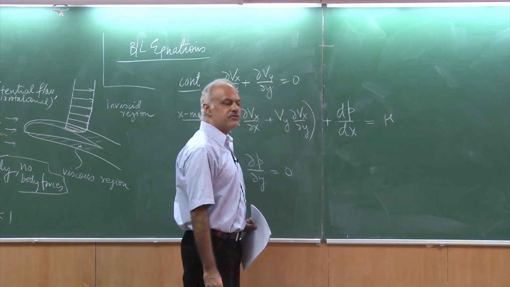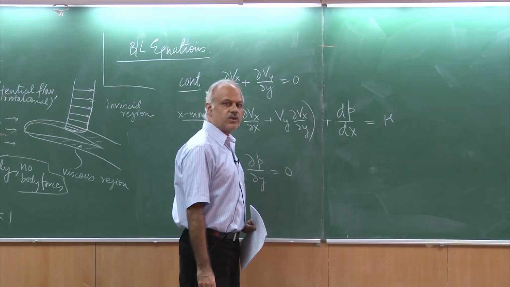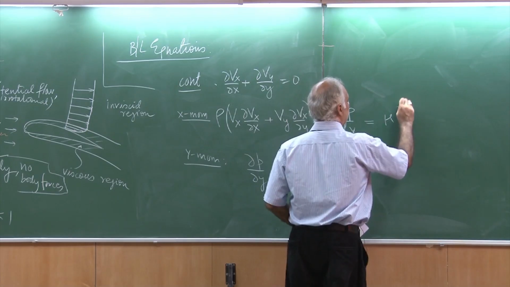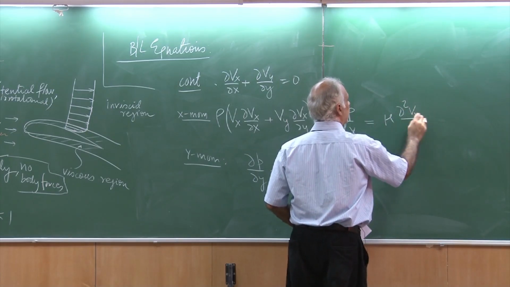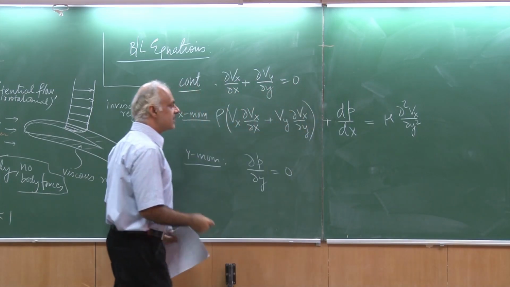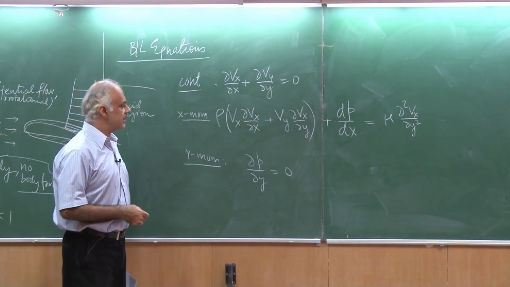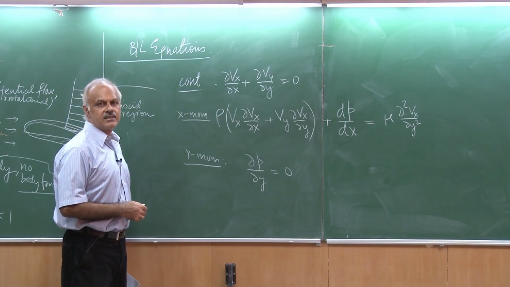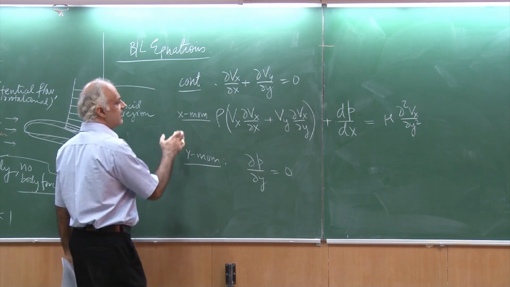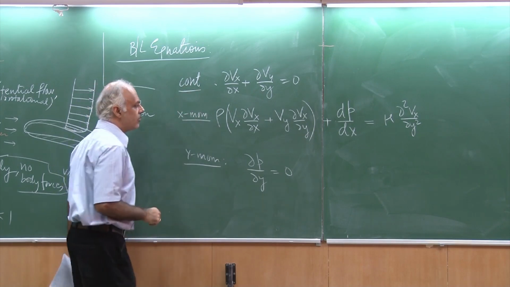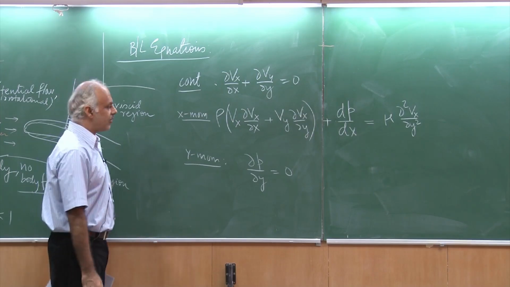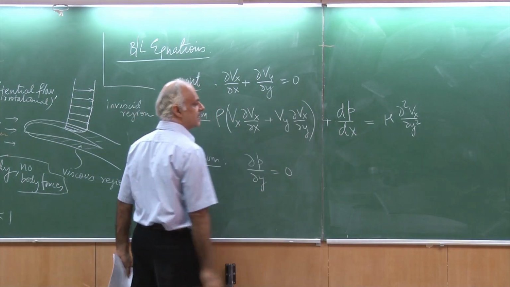I have shown that the first term, del square Vx by del x square, is negligible, so no need to keep it, and we are going to get del square Vx by del y square. So these are your boundary layer equations. They are much simpler than the full Navier-Stokes equations because we now have two main equations. The third one is really already taken care of in this equation.